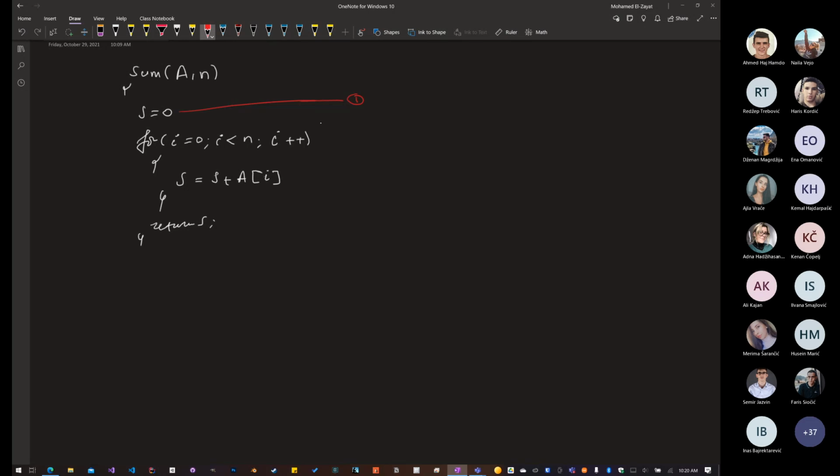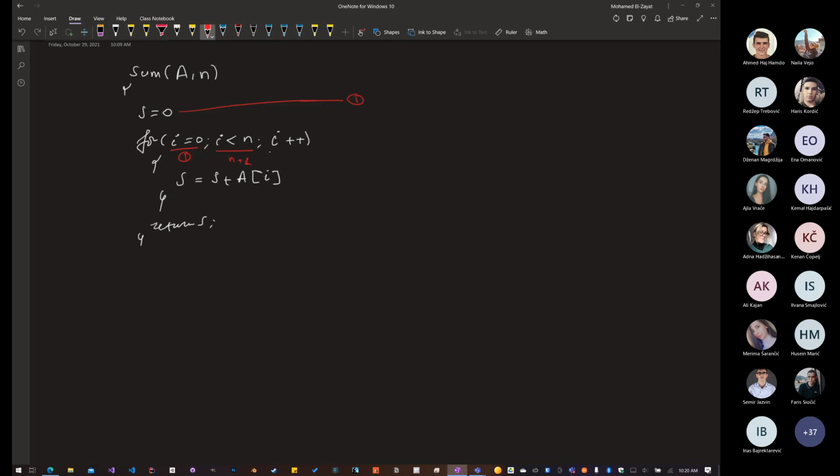The assignment in the for loop happens only 1 time. The check will happen n plus 1 times, because there is going to be an additional execution where the check will fail.